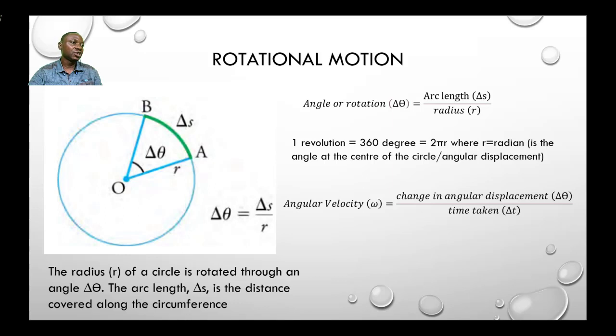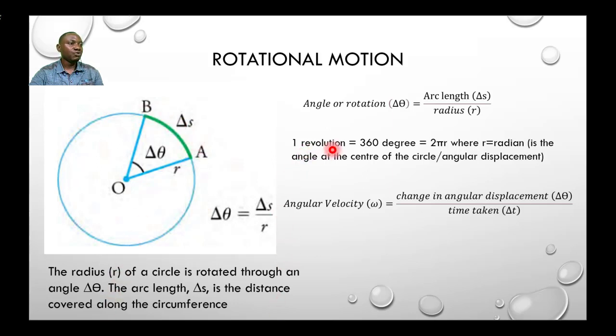Now, pay attention to this information on the screen. Angular rotation, if you want to calculate it, is arc length divided by the radius r. Now, a revolution is the motion of an object in a circular path from the point where it begins to the point where it ends.